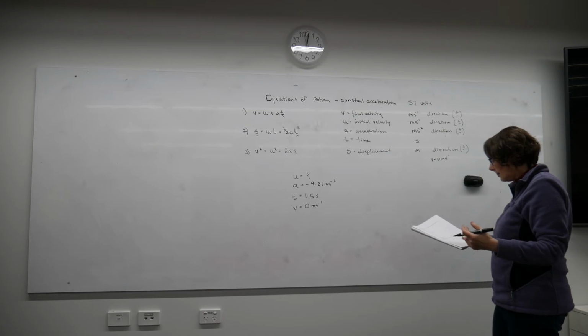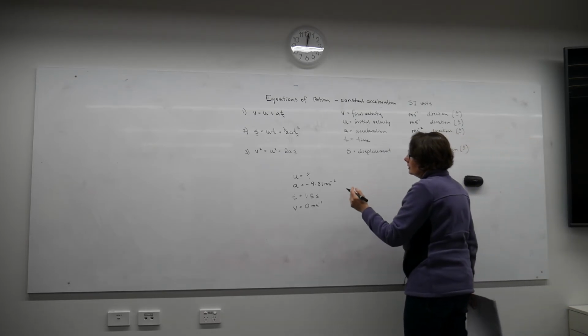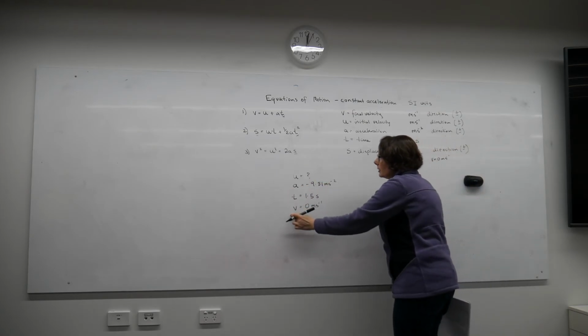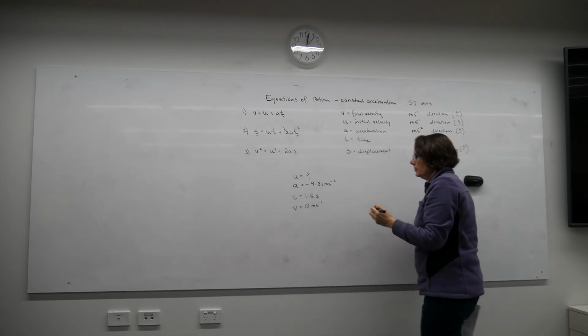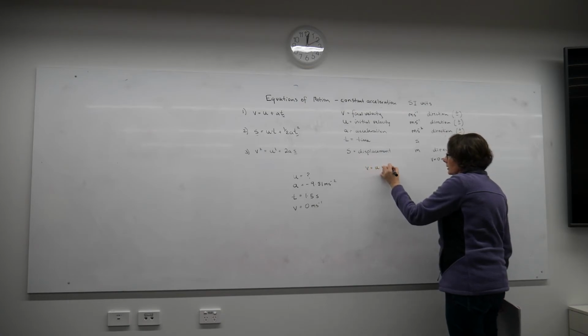So yes, we say up is positive. So we want to find the initial velocity. Now when I look at these, it's the same equation that I'm going to be using. So v equals u plus at, or u equals v minus at.